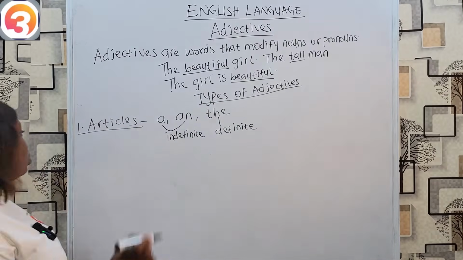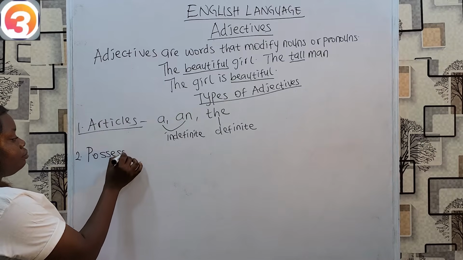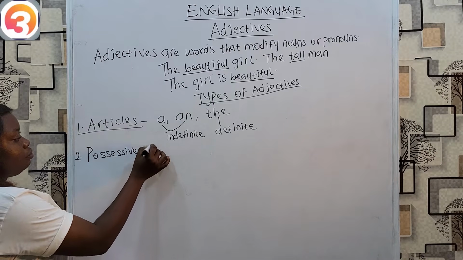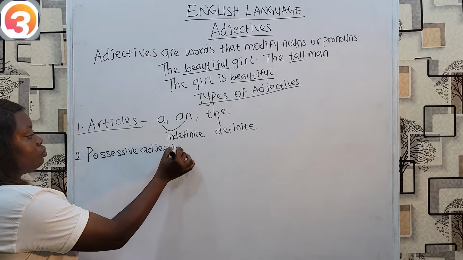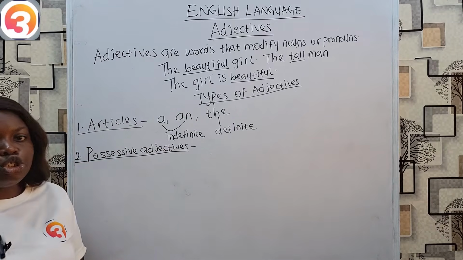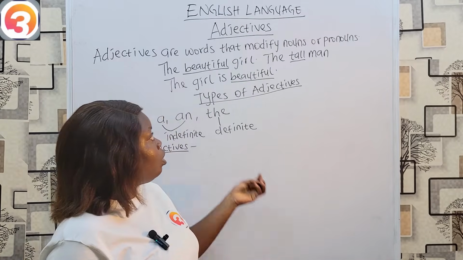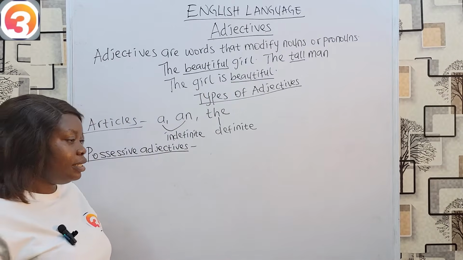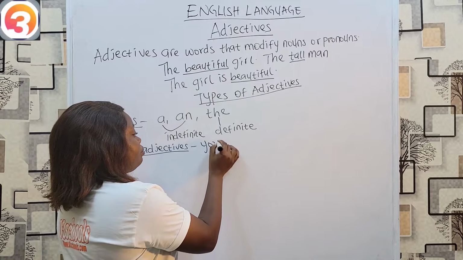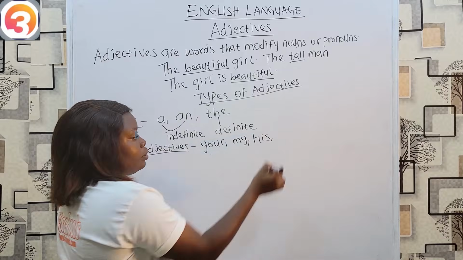Those are articles. Then we also have possessive adjectives. Possessive adjectives, adjectives that show possession, is still telling us more about the noun, so it's classified under adjective. We have your, my, his, like that.